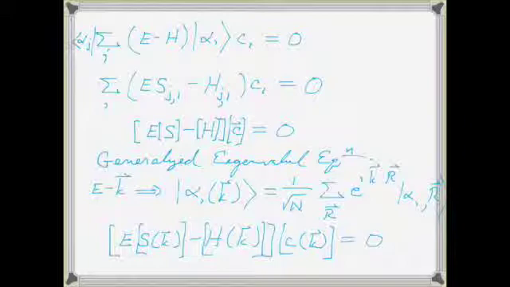So S of k would just be the overlap of two of these orbitals of k, like alpha i of k and alpha j of k, an overlap of two of these Bloch function orbitals. Usually, in almost all cases, your orbitals alpha i are chosen to be real.